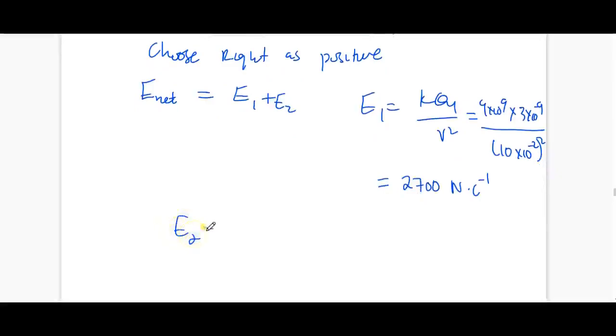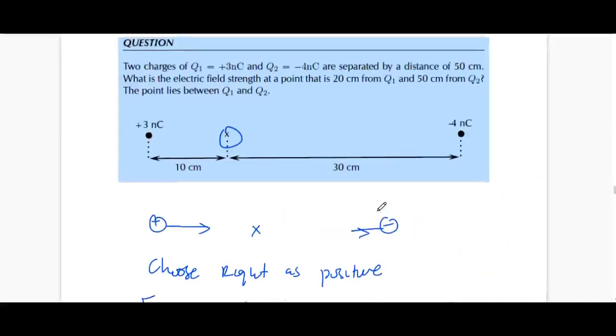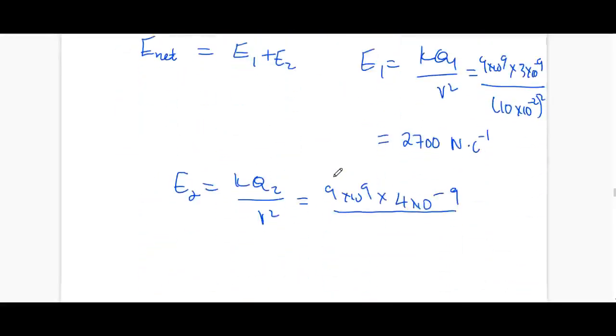What about E2? KQ2 divided by R squared, so 9 times 10 to the power 9 multiplied by Q2. Q2 is 4 nanocoulombs. Also here we only include positive values. 4 times 10 to the power minus 9, divided by the distance 30 centimeters, 30 times 10 to the power minus 2, all squared.